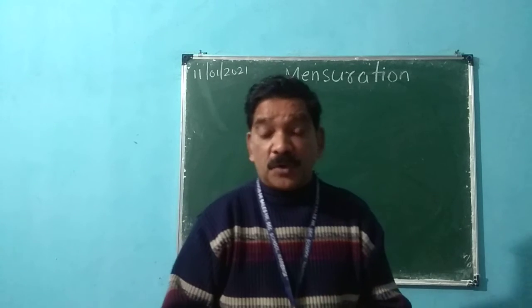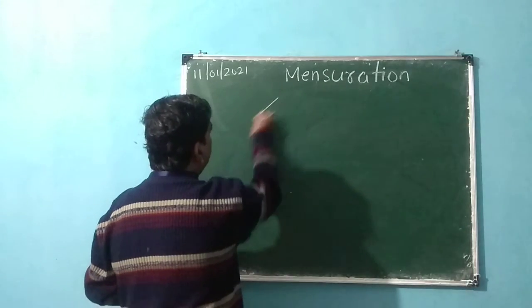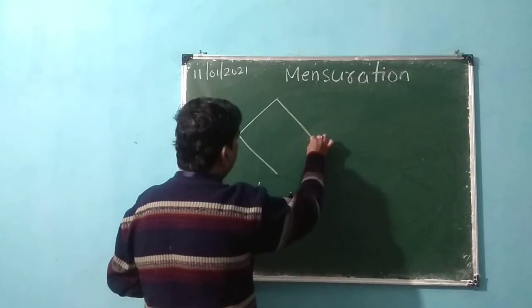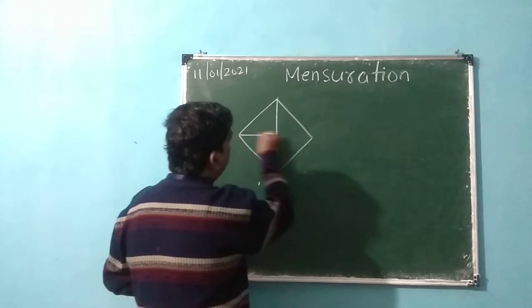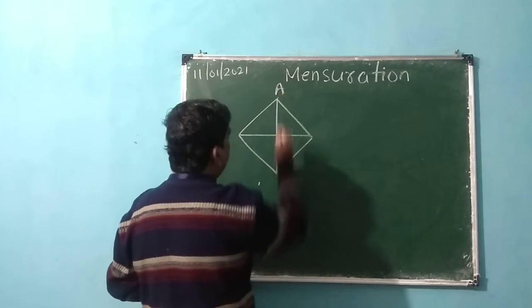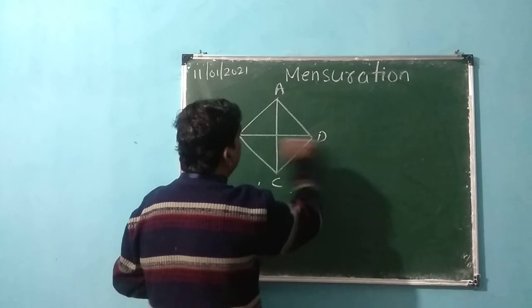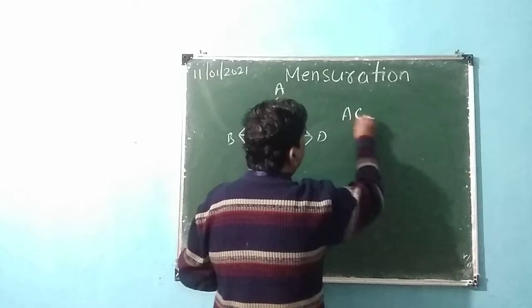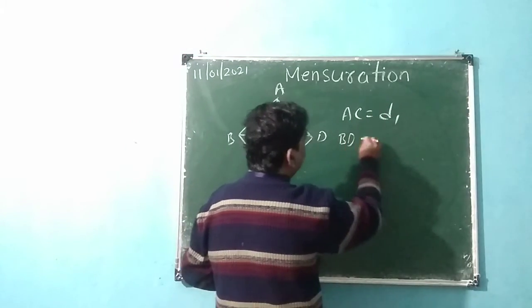Okay, so what is the area of a rhombus? Let me draw the figure first. This is rhombus. This is diagonal 1 and this is diagonal 2. Okay, let me write A, C, B, D. AC is equal to D1, BD is equal to D2.